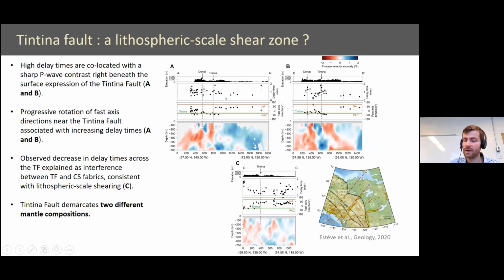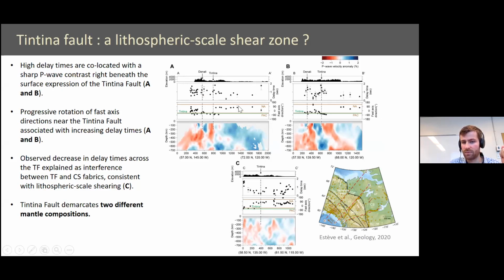And now the same thing, but in cross-section view. So you have the three transects here, A, B, and C, and A is here, B is here, and C is here. Again, A and B are perpendicular to the Denali and Tintina fault. The Denali and Tintina faults are shown on this transect here. So that's the topographic profiles on top.